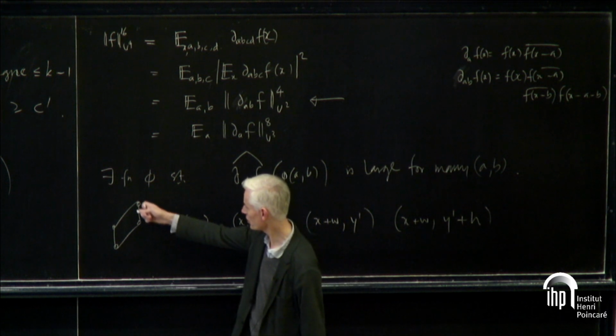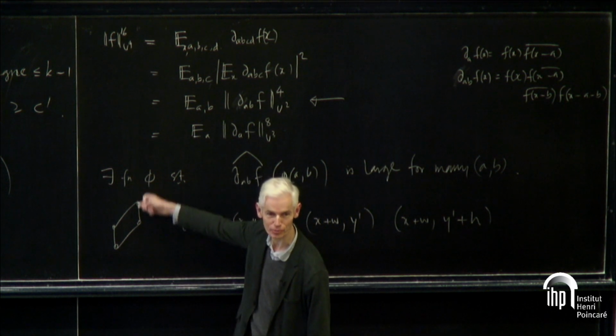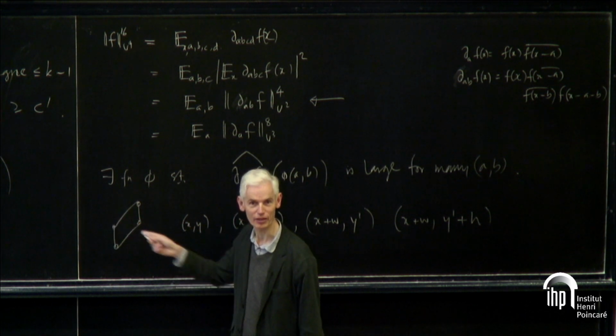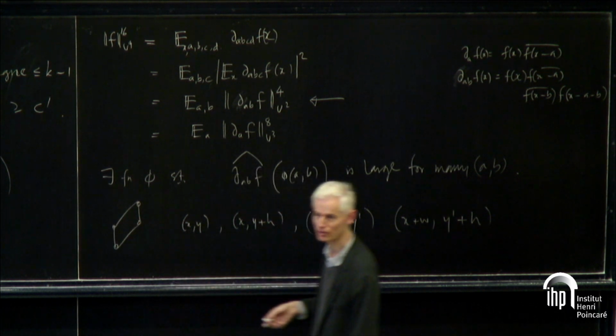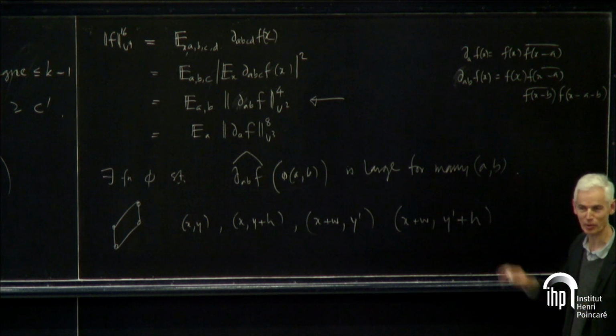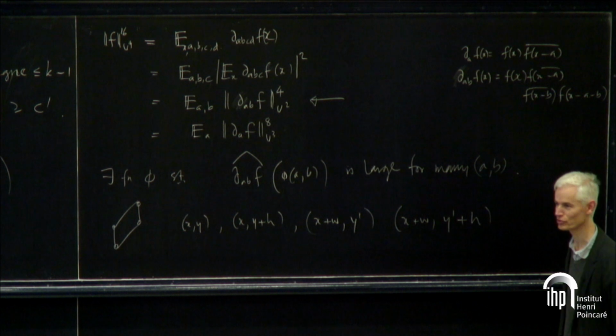And h we call the height of the parallelogram, and w we call the width. They're not heights, they're just elements of F_p^n, but when you're drawing pictures, they're the height and the width of what you've drawn.